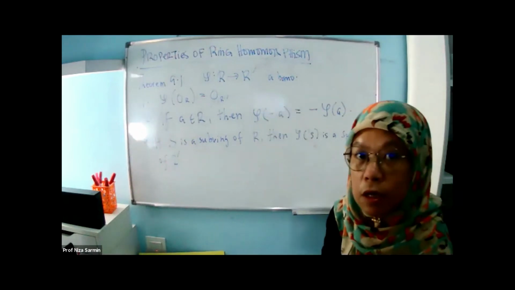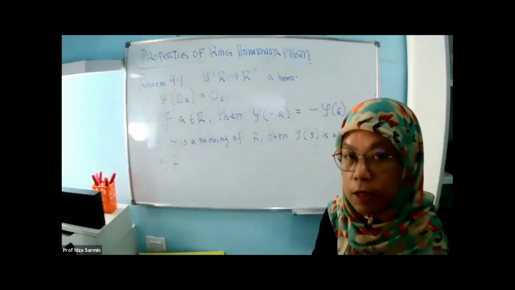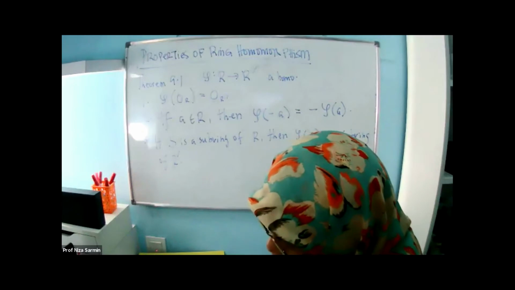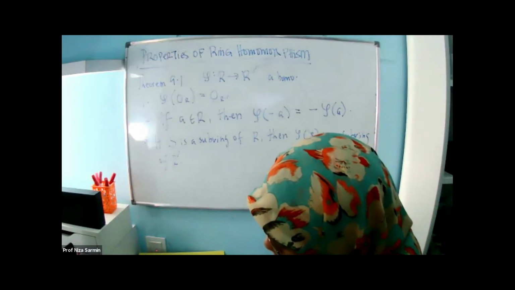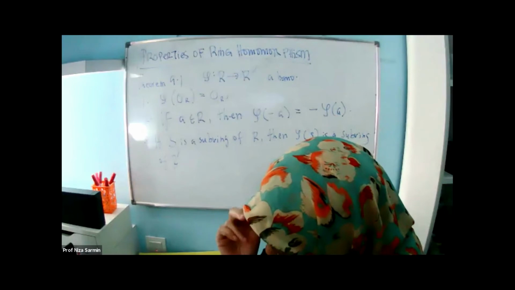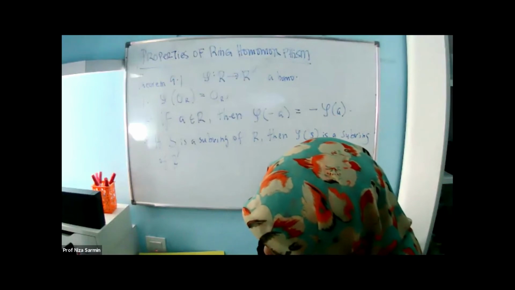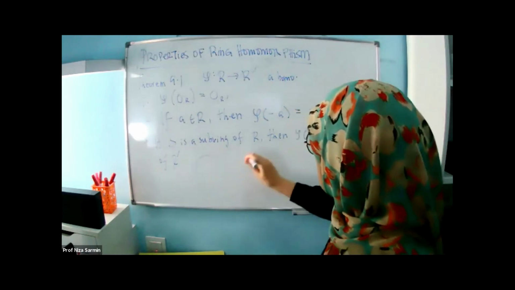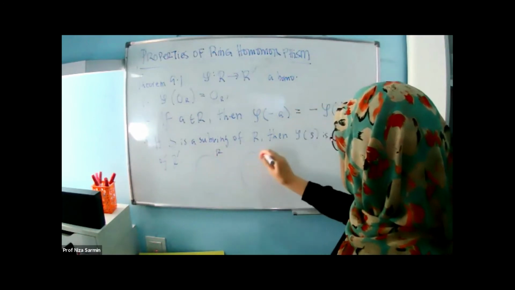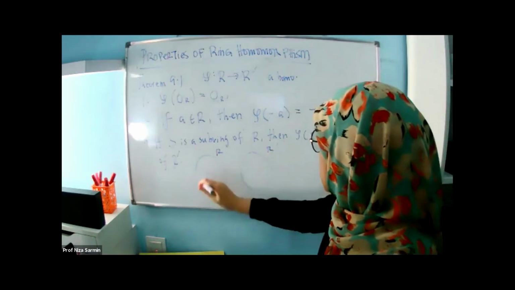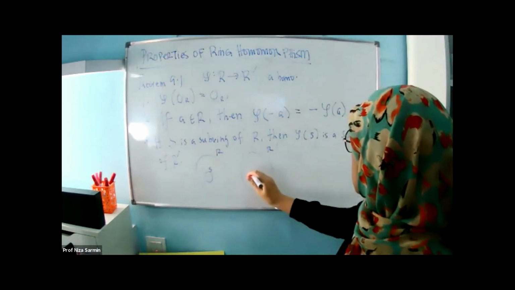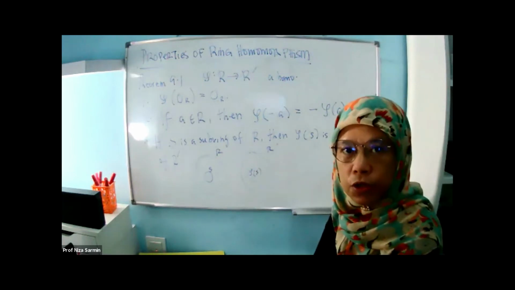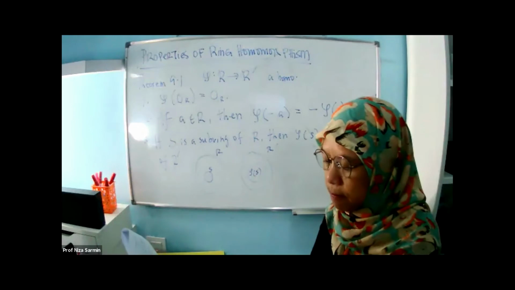You know, a subring of a ring is just a subset which is also a ring. So this says if S is a subring, phi of S is also a subring. This is what holds if it is a homomorphism.